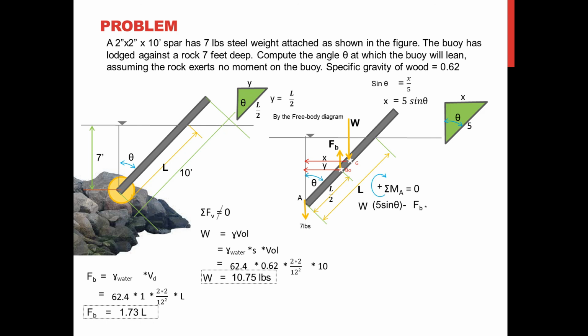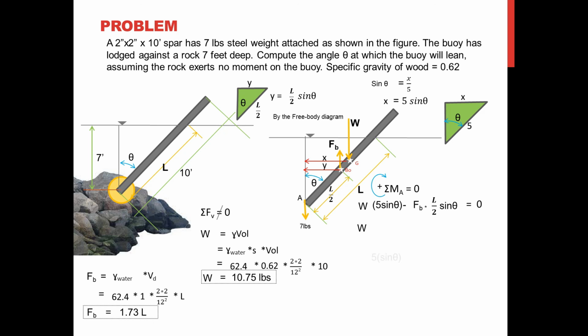Similarly, by sine function, we can get that y is equal to L over 2 times sine of theta. So we place that as the moment arm for our buoyant force. It is L over 2 times sine of theta. And that equates to 0.